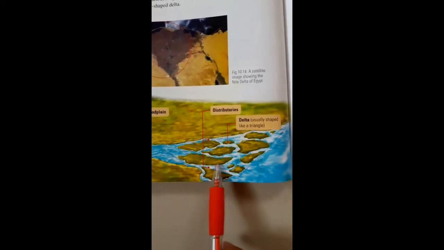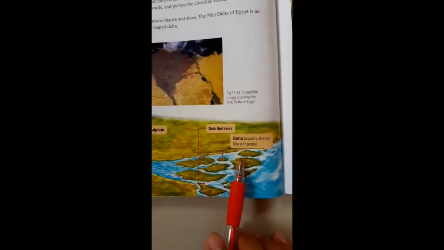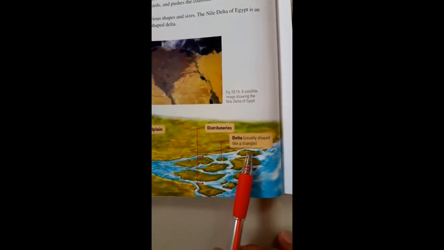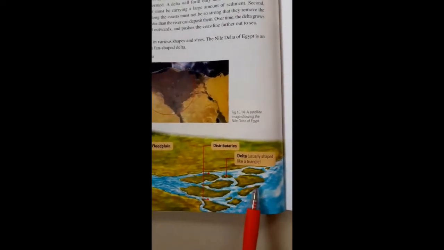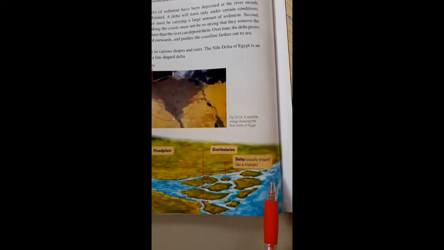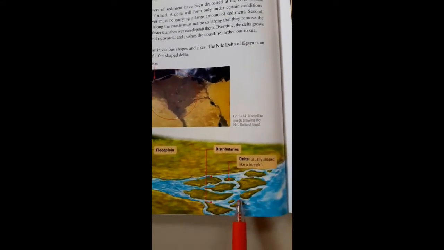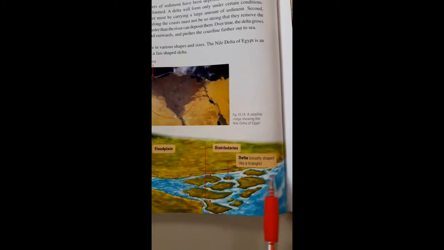This is delta. As the book tells us, deltas can be in different shapes and sizes. Like this one. This is like a triangle. So the triangle shape here, this is a delta. Did you get it, class?